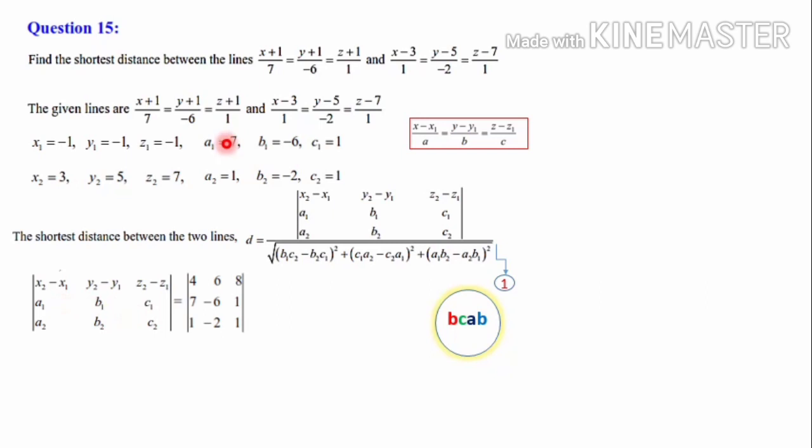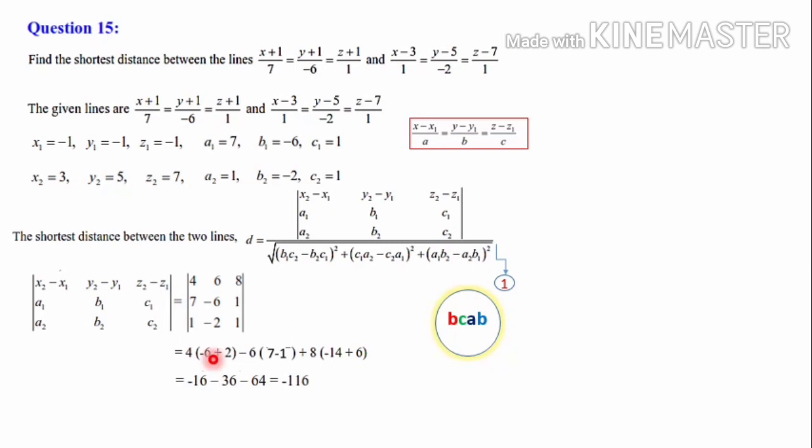A1, B1, C1 is here, 7 minus 6, 1, A2, B2, C2, 1 minus 2, 1 is calculated. Go for expansion, 4 into row and column is gone, minus 6 plus 2. Then minus 6 into row, column is gone, 7 minus 1 is written, plus 8 into row, column is gone, minus 14 plus 6 is written.